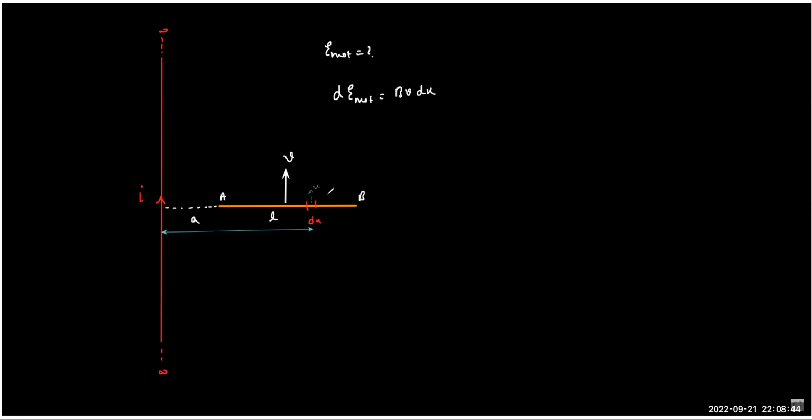So the motional EMF is B v l, but l is dx. And why are we writing it this way? Because B is a variable quantity, and for a small distance, we know it will not vary. So B we can write as mu naught I by 2 pi x.